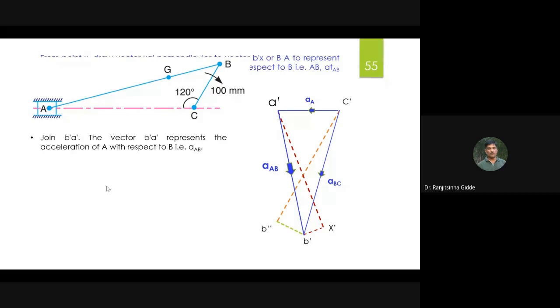Okay. Next line you can write. Now we need to determine the acceleration of this G. So for that reason, this is the G point.